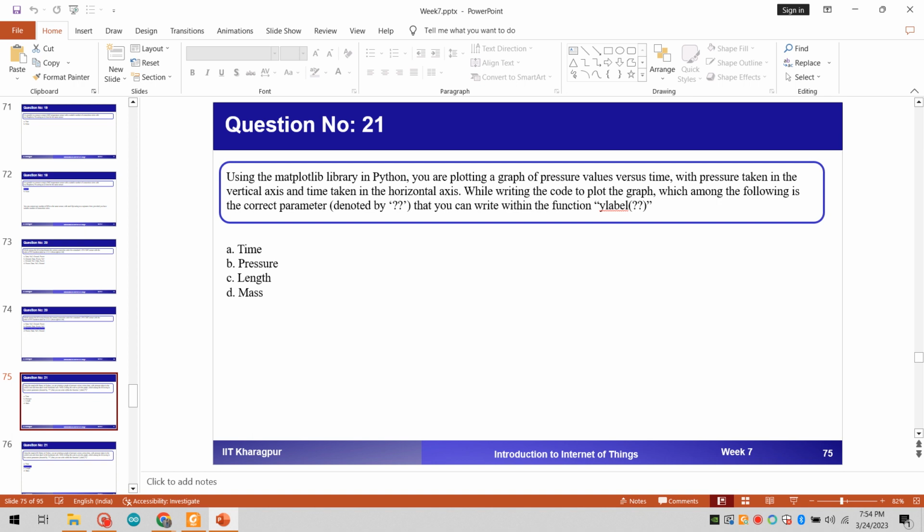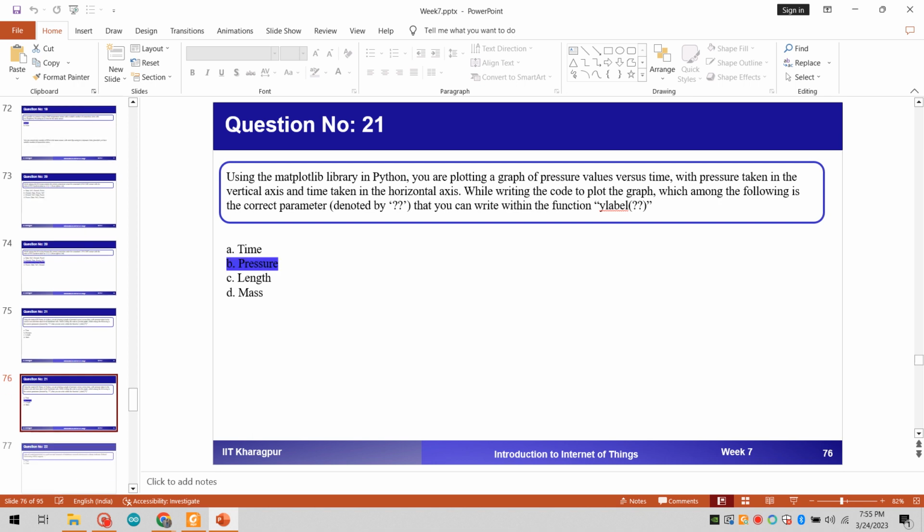So inside your ylabel, what are you going to place? Pressure. Yes, pressure is the correct option, because vertical means along your y-axis it's pressure, and along your x-axis it's time. So the correct option for this is pressure.